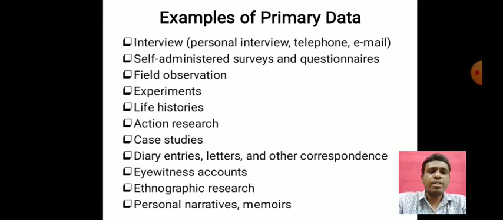Memoirs, for example, in the memory of some incident, you come up with souvenirs or memoirs on occasions like golden jubilee or silver jubilee. All these things can serve as records which can be used as primary data.